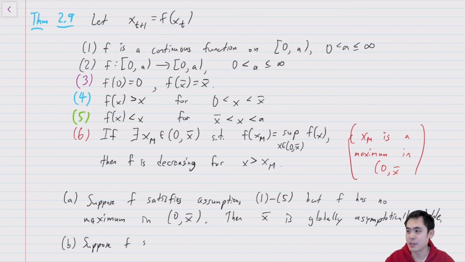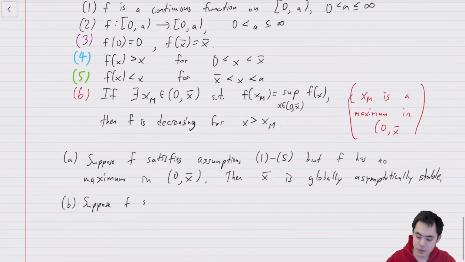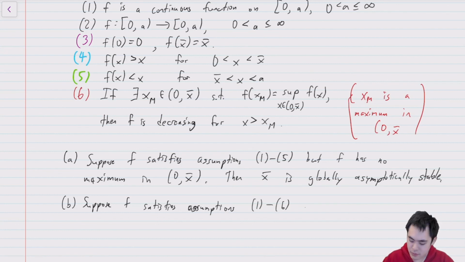Now, suppose f satisfies all 6 of our conditions, assumptions 1 through 6, and f has a maximum x sub m in the interval 0 to x bar.